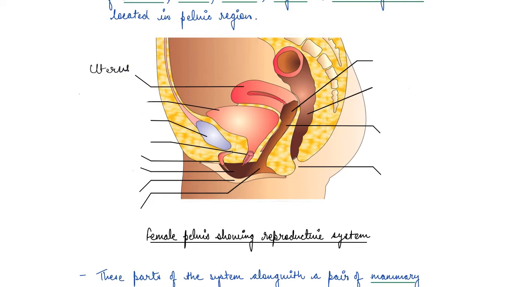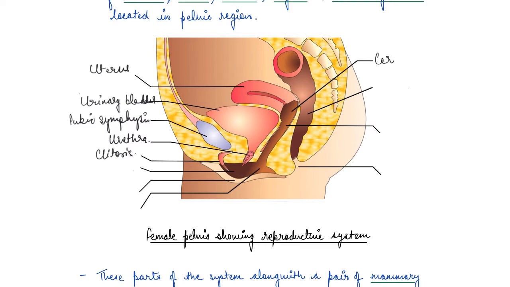Just below that is the urinary bladder, right? Then there is a structure which is the pubic symphysis. You have the urethra, clitoris, right? So remember, I will be explaining all the reproductive system structures in detail later on.